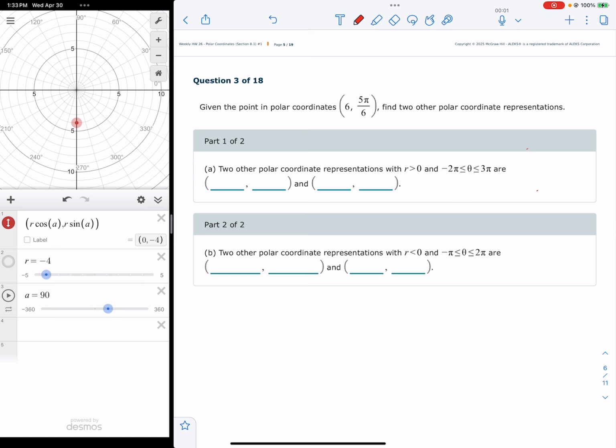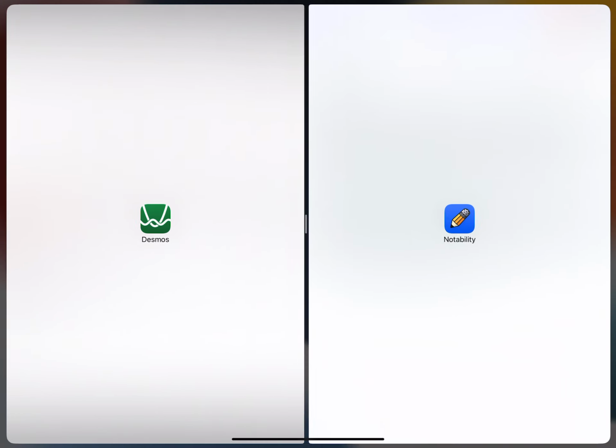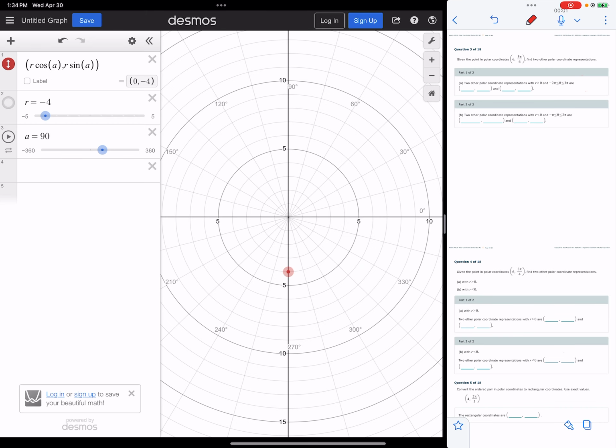Okay, so this is asking you to name the coordinates in other ways. I told you that there's multiple ways to name a point. For example, this would be 4, negative pi over 2.